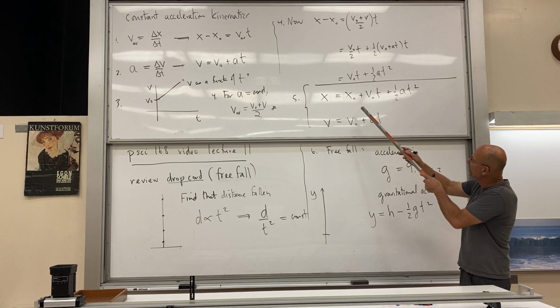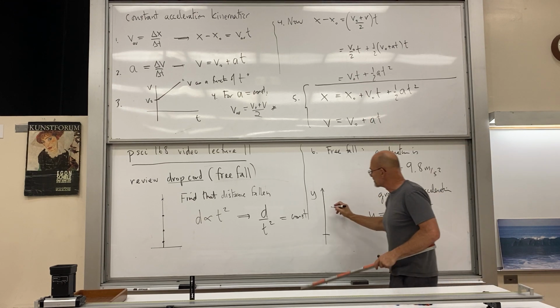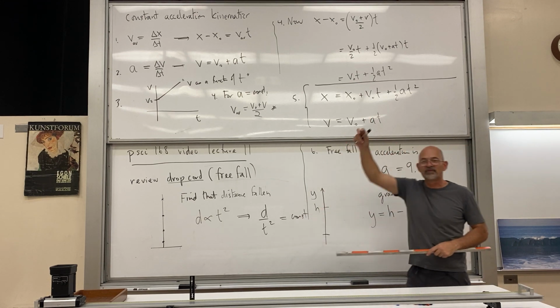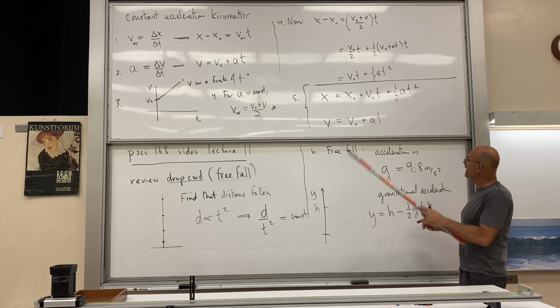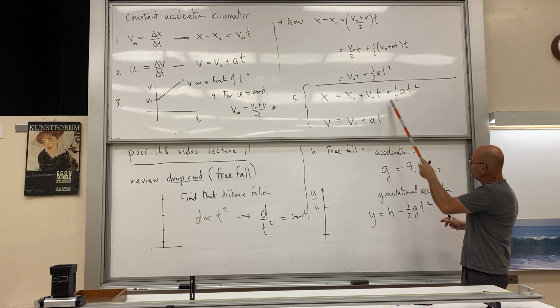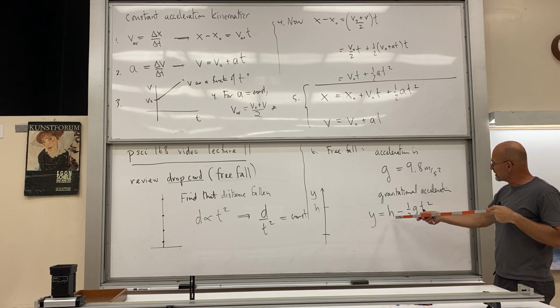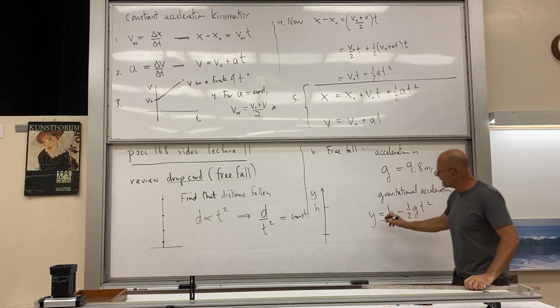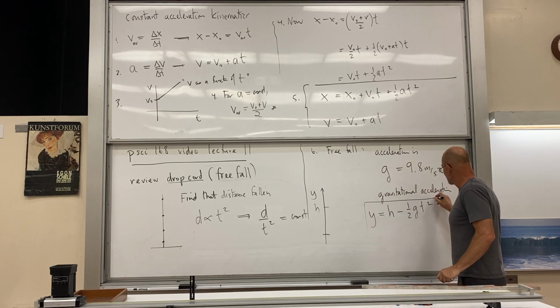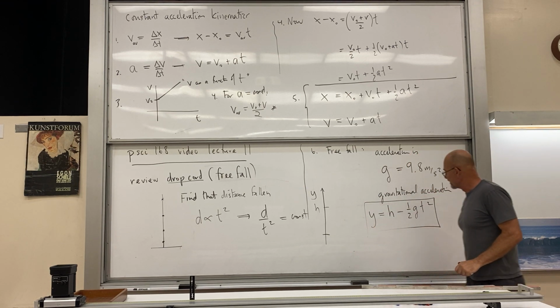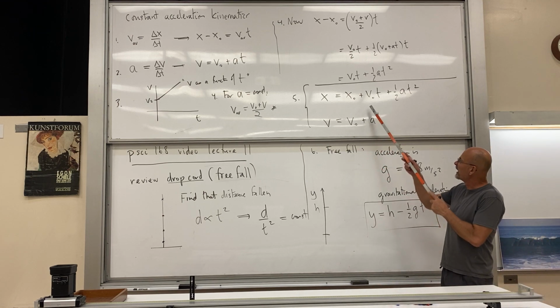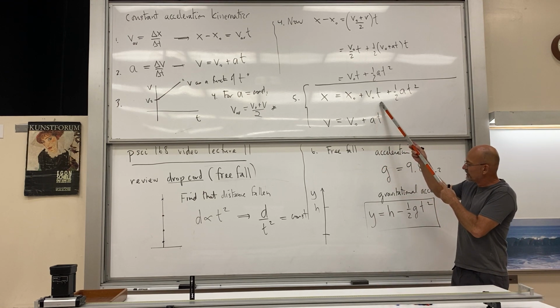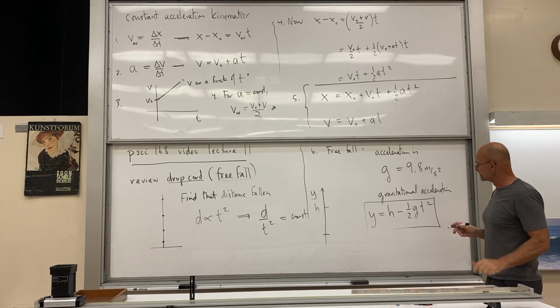So I translated this thing. I started at h. What I'm going to do is just drop something out of the air. I start at h, and I'm not going to throw it with any initial speed, so it's just going to drop. And this will be the formula for dropping an object. h minus 1/2 g t squared. If I wanted to throw it up in the air, I would keep the v0 term here. But I'm trying to keep this simple enough.